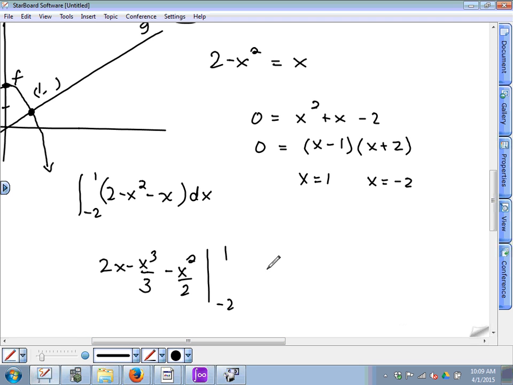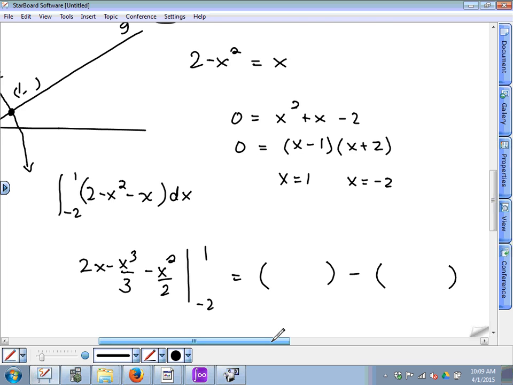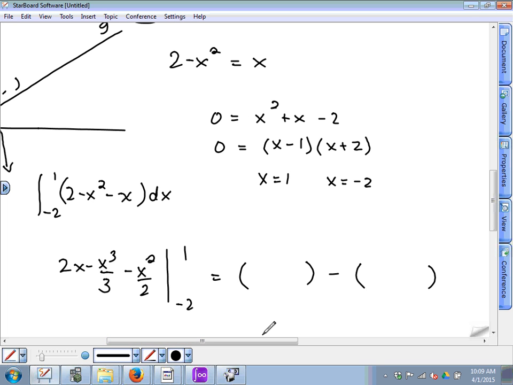Cool. So now we need the antiderivative at 1 minus the antiderivative at -2. So at 1, you're going to have 2 minus 1/3 minus 1/2.